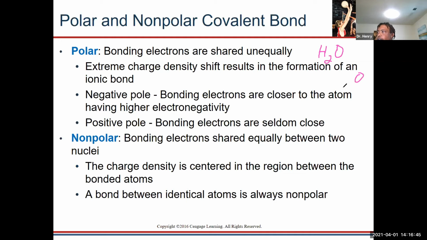Oxygen is stronger than hydrogen, so the electrons are spending more time around the oxygen than the hydrogen. Since that's the case, the oxygen is going to be partially negatively charged. That means it has electrons around it the majority of the time. And if this is partially negative, this guy is going to be partially positive. Does that make sense?